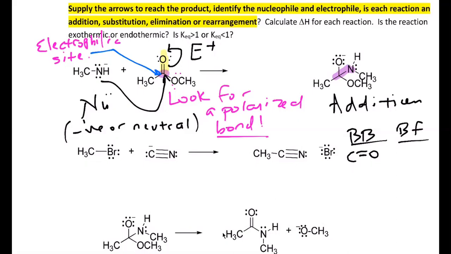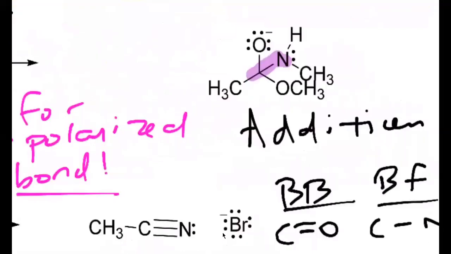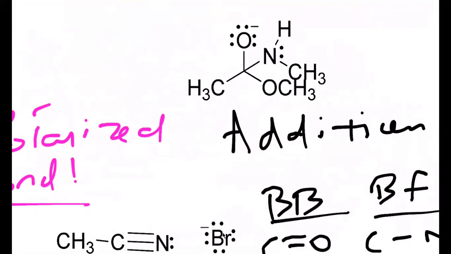A pi bond would look like this, where carbon would be double bonded to nitrogen. But we only made a single bond between them. So we made a CN sigma bond. Yes or no? Yes. Let me fix this too, because I don't want you to think that it extends all the way across like that.